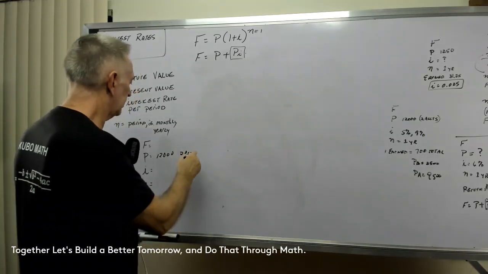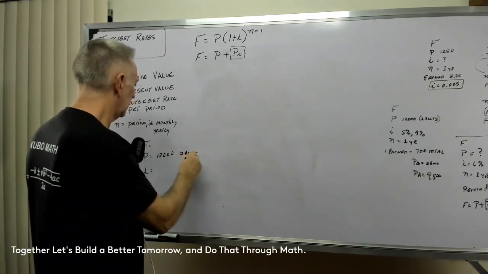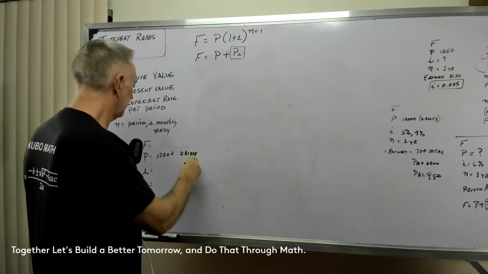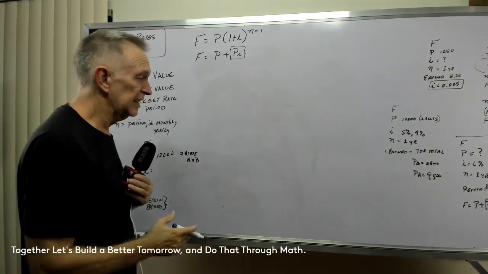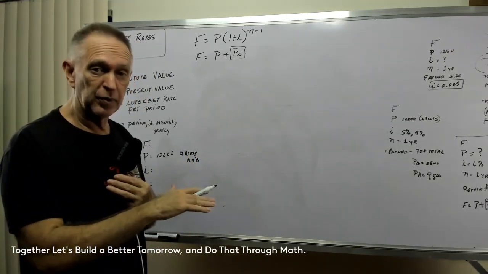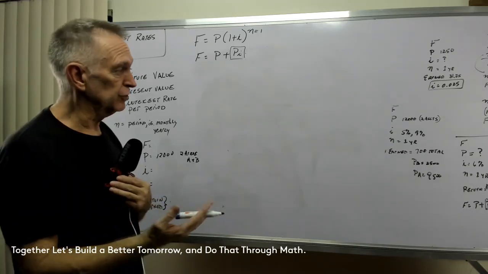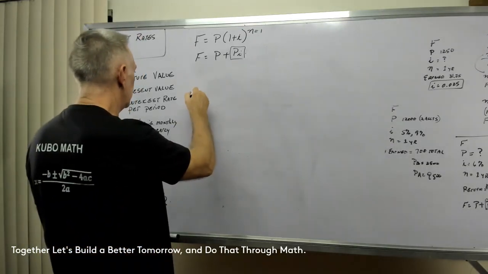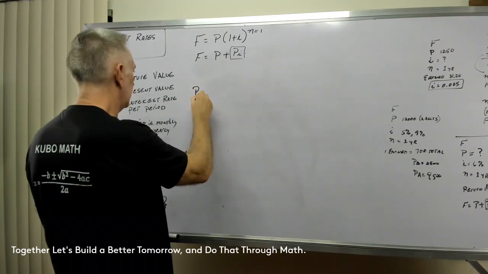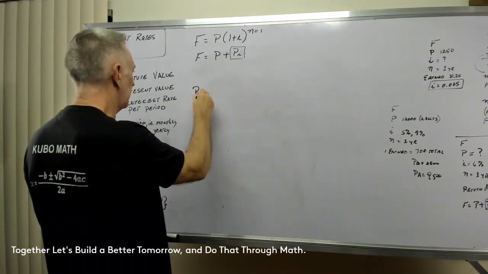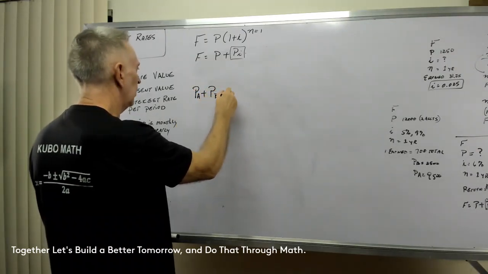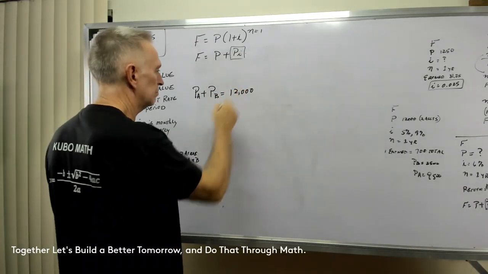We're going to call it A and B. But they didn't describe how much money he put in A or B. It was just that the amount of money, P of A, we'll call it the principal in A, plus the principal in B, we know equals 12,000. That's what we know.